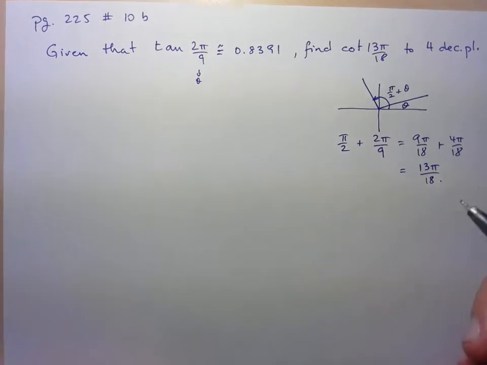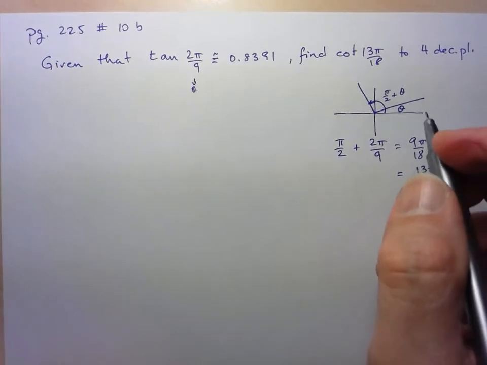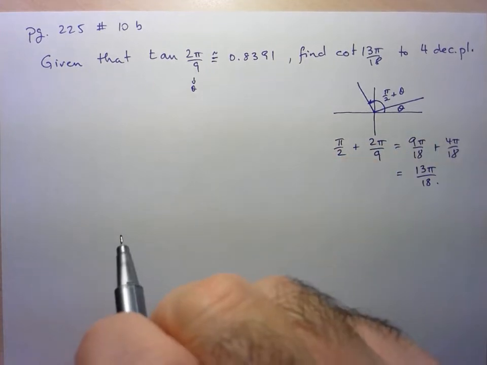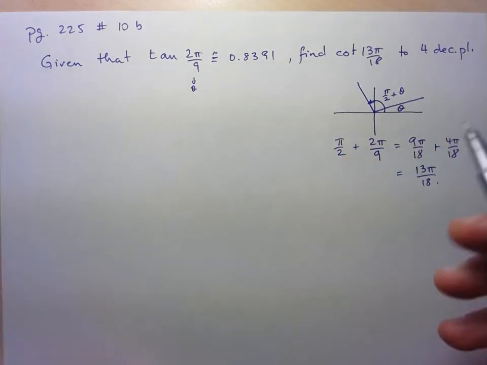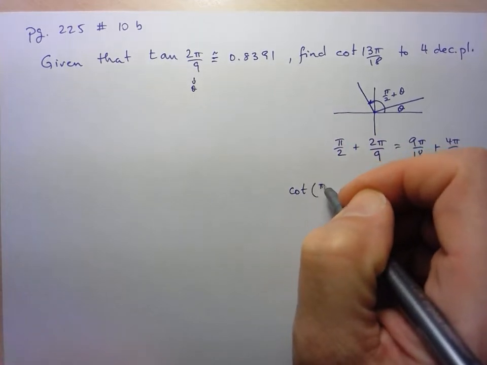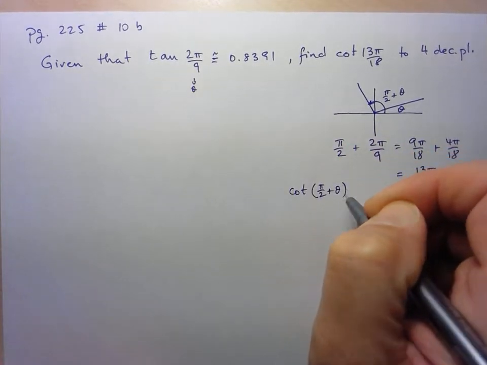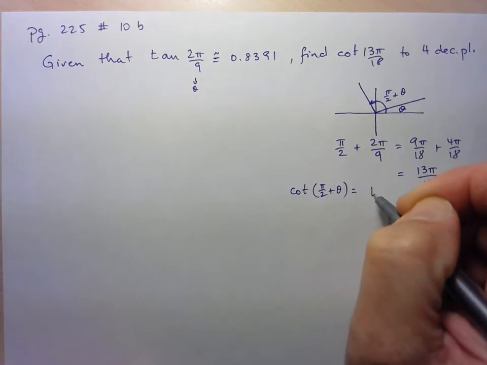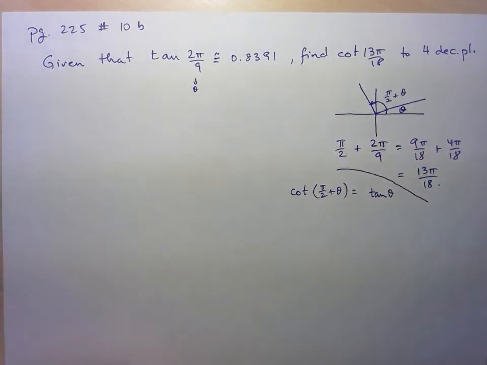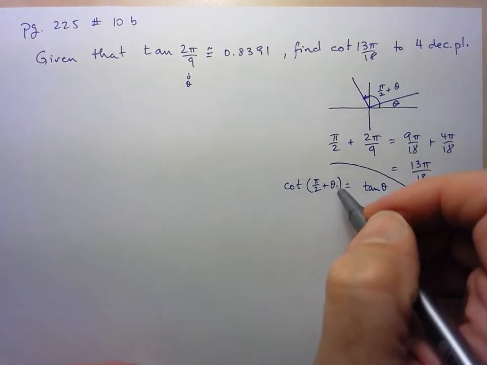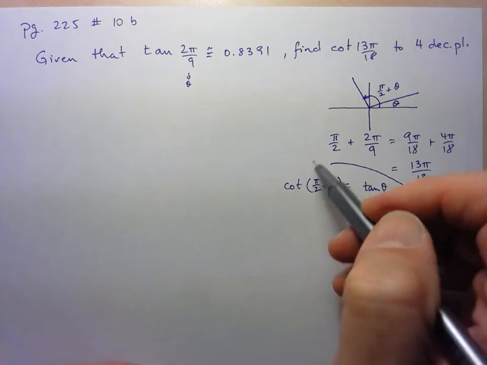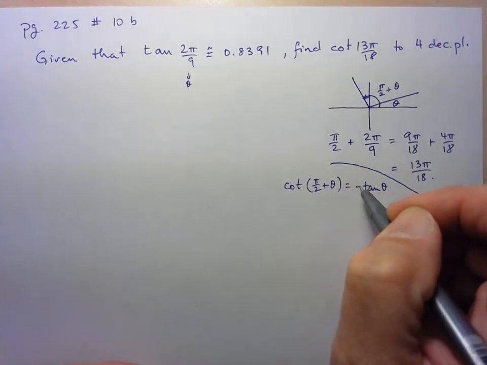So what do we know about these angles when dealing with the tangent and the cotangent? Well, I know that the cotangent of pi over 2 plus theta is going to be related to tan of theta. But what is the relationship? Well, we're in the second quadrant, and cotangent is negative there. So it's going to be equal to negative tan of theta.